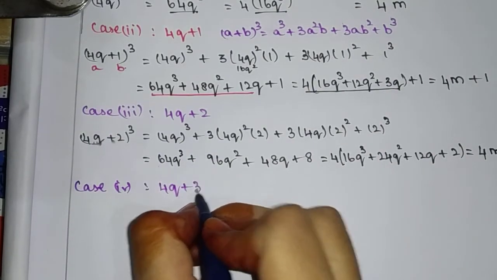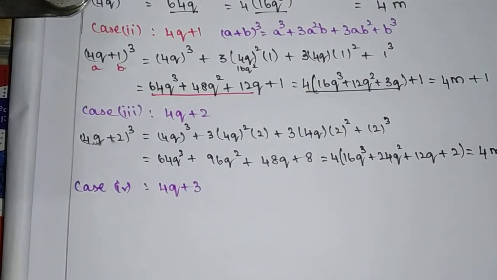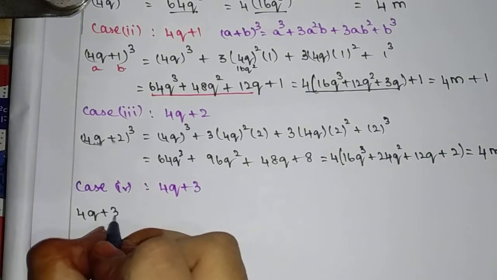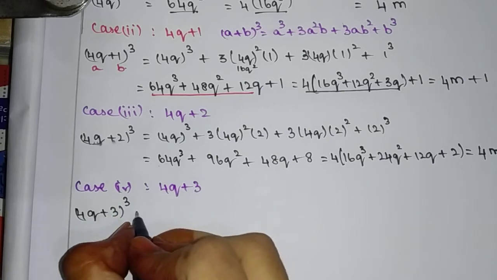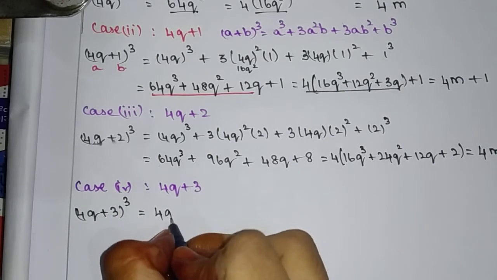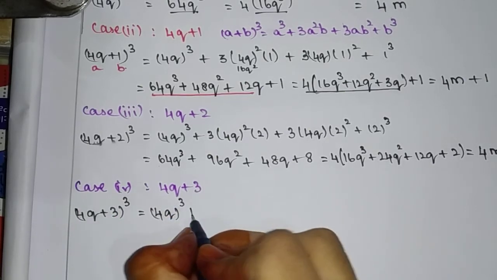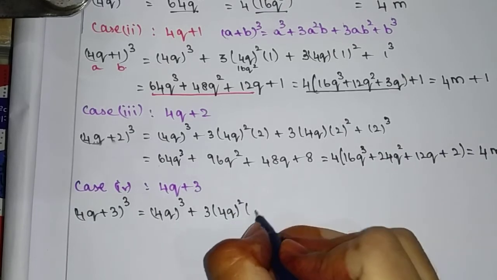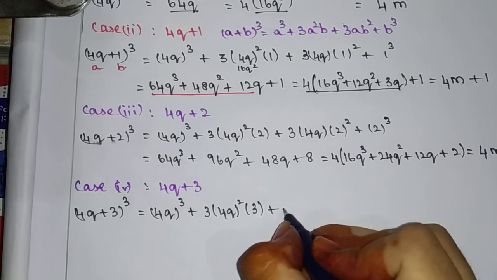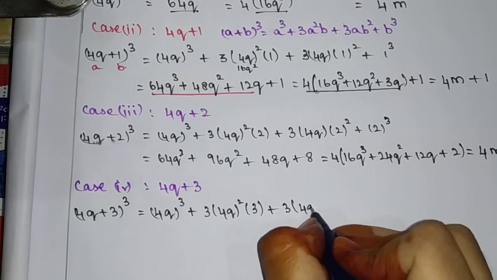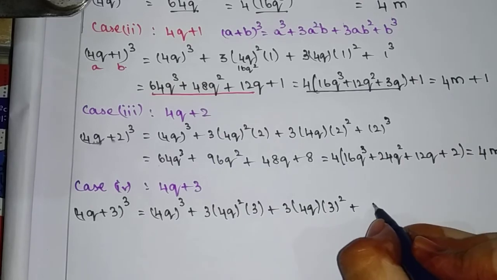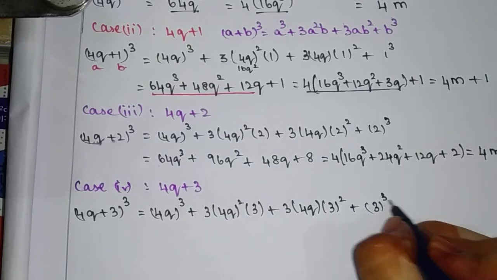Just cubing this, 4q plus 3 the whole cube is equal to 4q the whole cube plus 3 into 4q the whole square into 3 plus 3 into 4q into 3 square plus 3 cube.